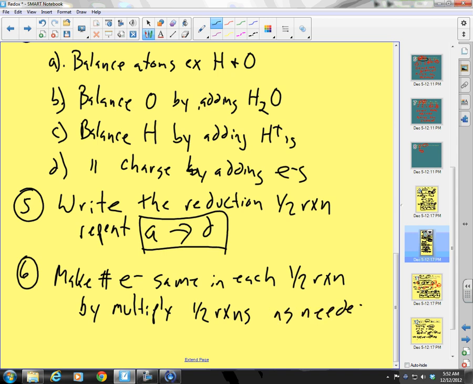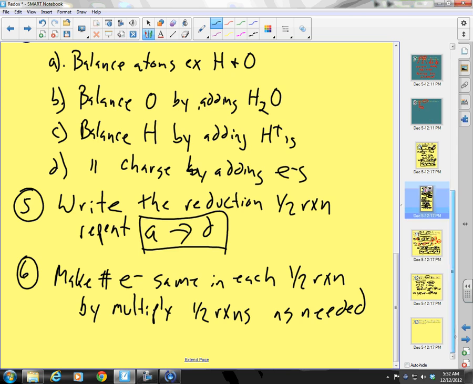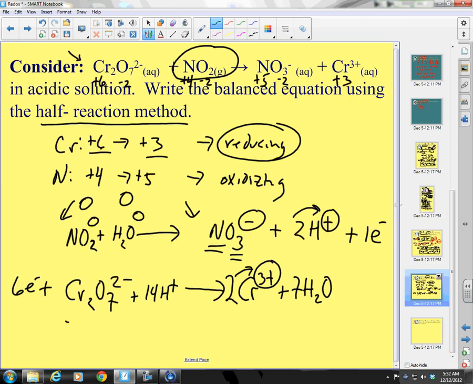Like we did before, we want to find the least common multiple and then multiply the half reactions and go from there. So what's my least common multiple? I have 1 electron here and I have 6 electrons here. So what's my least common multiple? 6. So what do I need to do? I need to multiply this whole half reaction by 6. What about the bottom half reaction? Well, it's already at 6, so I don't.